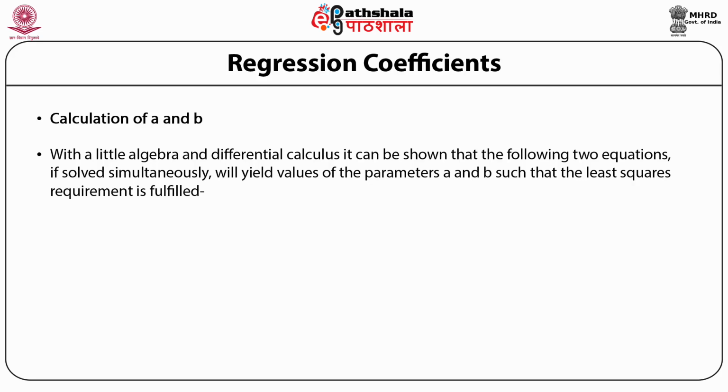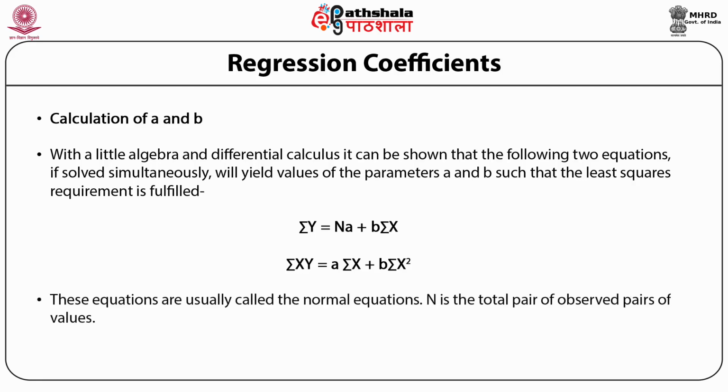For any given problem which you may be solving later, you have to find the values of sigma x, sigma y, sigma xy, and sigma x square. Since there are two unknown variables, these two equations are going to help me in finding the values of a and b, which will later be used for writing my equation of regression. These equations are usually called normal equations, where n is the total number of observed pairs of values.